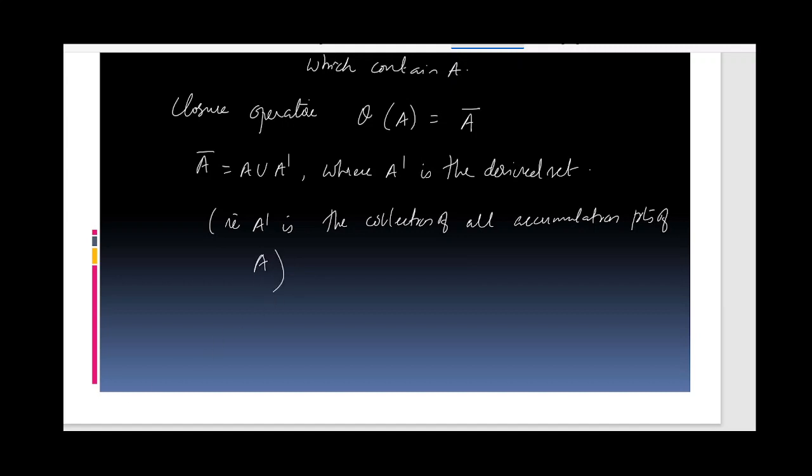A point X is said to be an accumulation point of a subset A if every neighborhood of X contains points other than X from A. Then we say that the point X is an accumulation point. Next we will pass to a theorem.